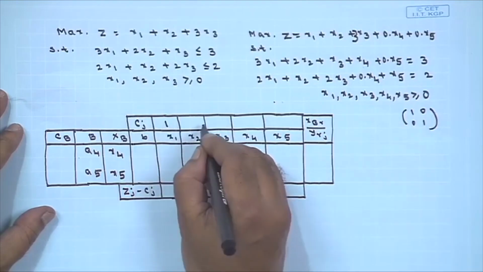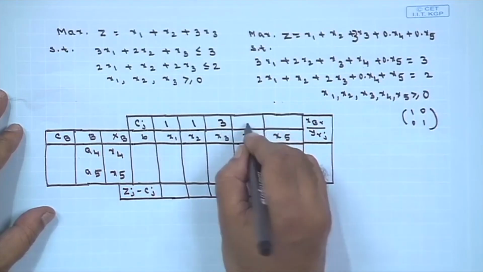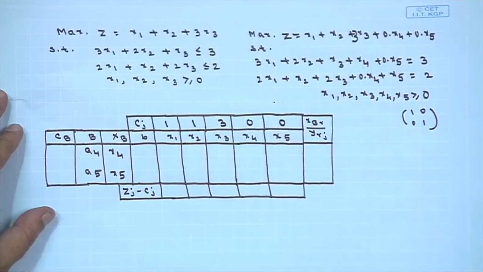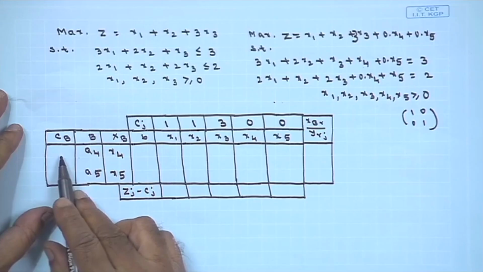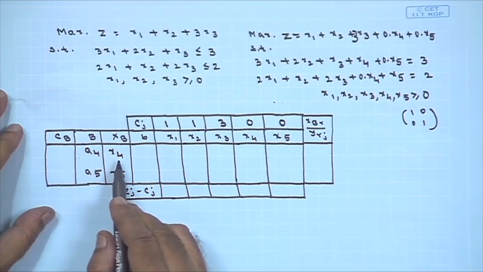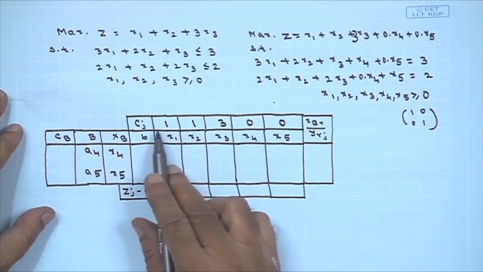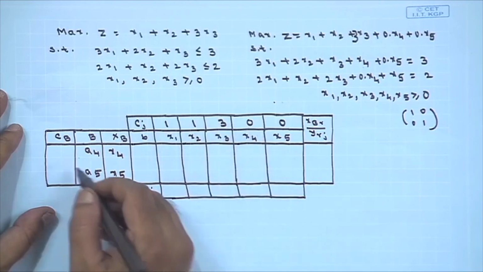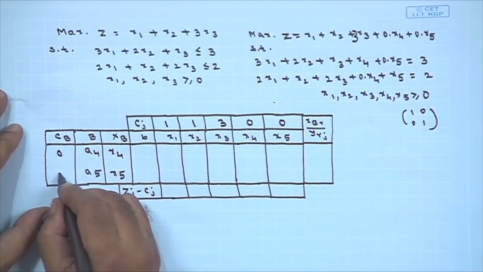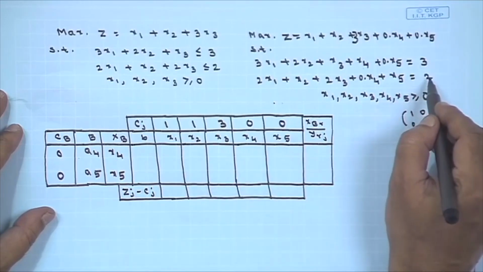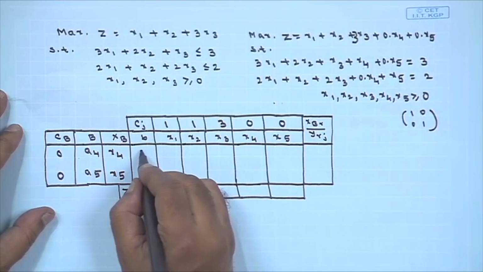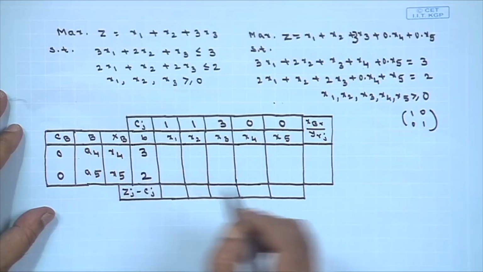So, I can write it as 1, 1, 3, 0 and 0. The corresponding values of Cb are the coefficients of x4 and x5 in Cj, so that means 0 and 0. The b values are the two right hand side values of the equations, which are 3 and 2.